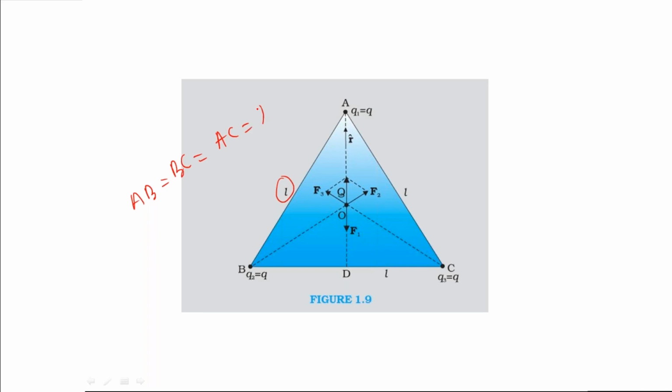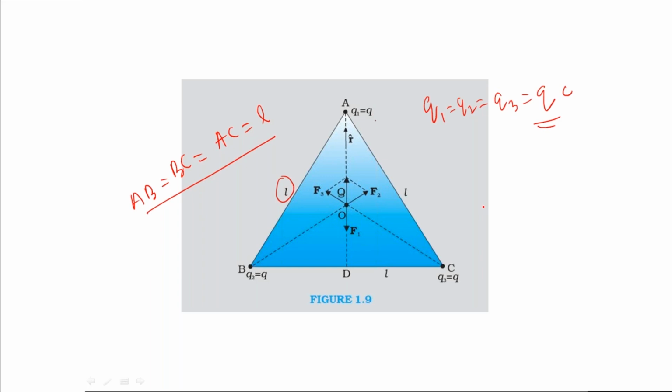Okay, look, the question is, this is an equilateral triangle. The sides AB, BC and AC all have length L. There are 3 charges on the vertices, Q1, Q2 and Q3.